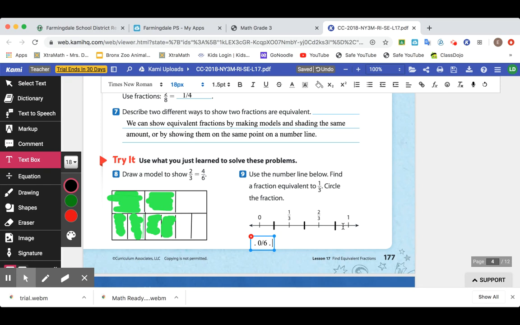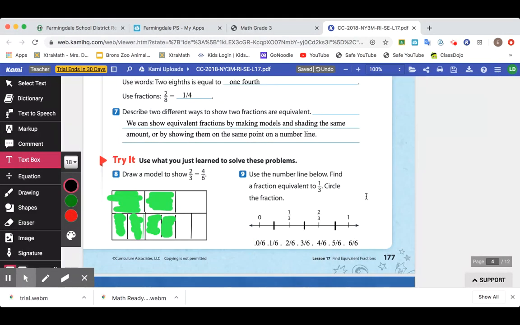This would be 1/6, 2/6, 3/6, 4/6, 5/6, and 6/6 for one whole. I should make that font a little bit smaller so it fits in better. So this would be 0/6, 1/6, 2/6, 3/6, 4/6, 5/6, and 6/6.